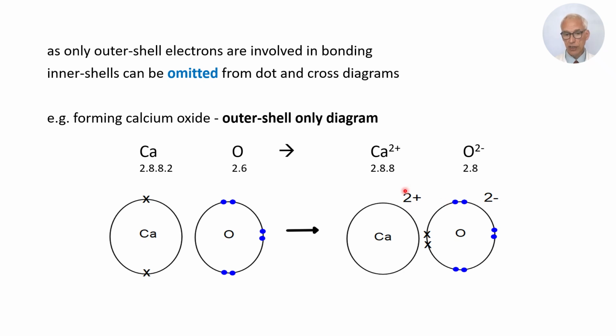The oxygen had 6 electrons in its outer shell. It's now acquired 2, so we can clearly see that in the outer shell diagram, and the oxide ion obviously 2 minus. So outer shell only diagrams omit the inner shells for clarity and for speed.